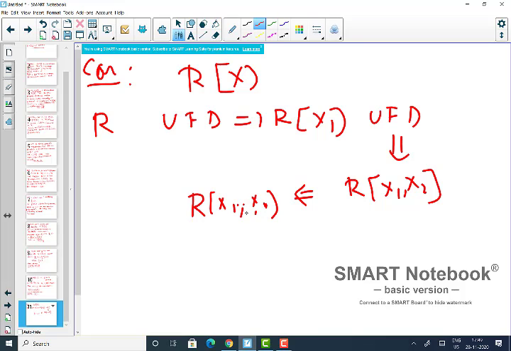If you choose any finitely many variables, they are all UFDs, right? It doesn't matter how many finitely many variables you attach to a UFD, their polynomial ring will become again a UFD. This is a very important property of UFDs.